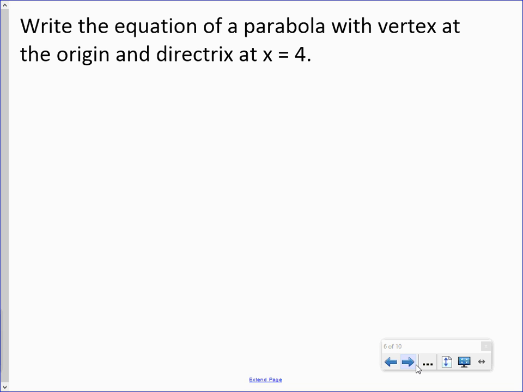Here's our first example. We want to write the equation of a parabola with a vertex at the origin and a directrix at x equals 4. Jot some of this information down in your notes. My first hint to you: sketch yourself a picture.